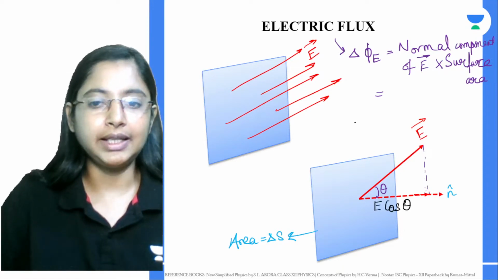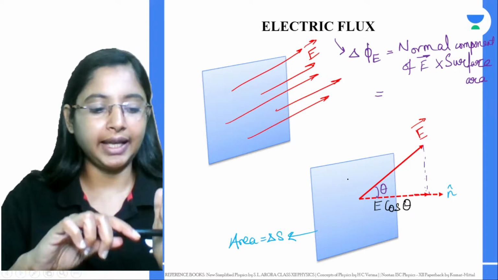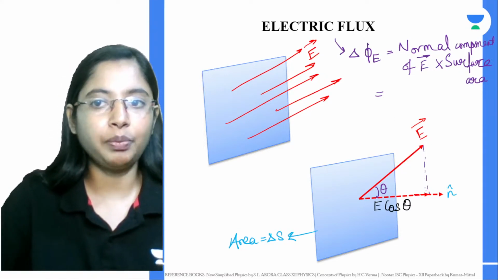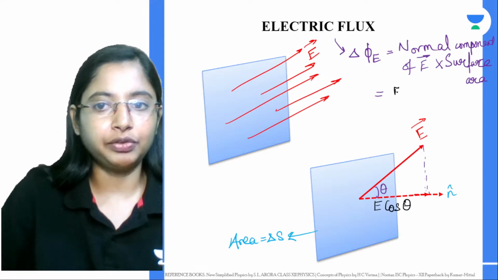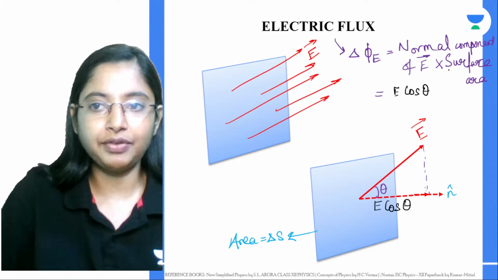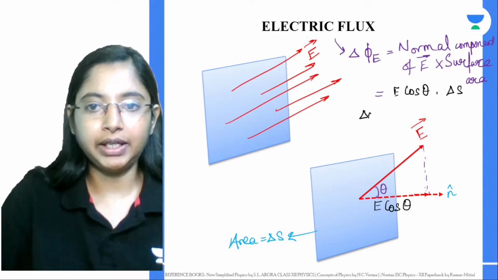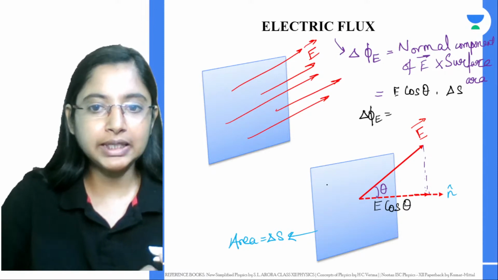So when your electric field line and the area vector are at an angle, we make use of the normal component of the electric field. The normal component of the electric field is E cos theta, into the surface area, which is delta S. And this delta phi is the flux through this particular area.